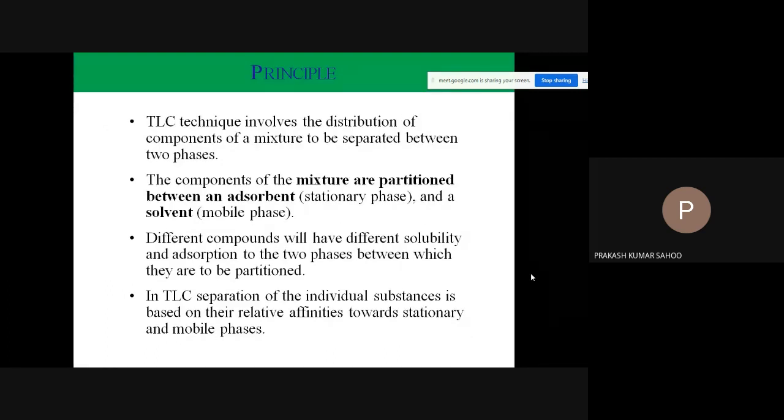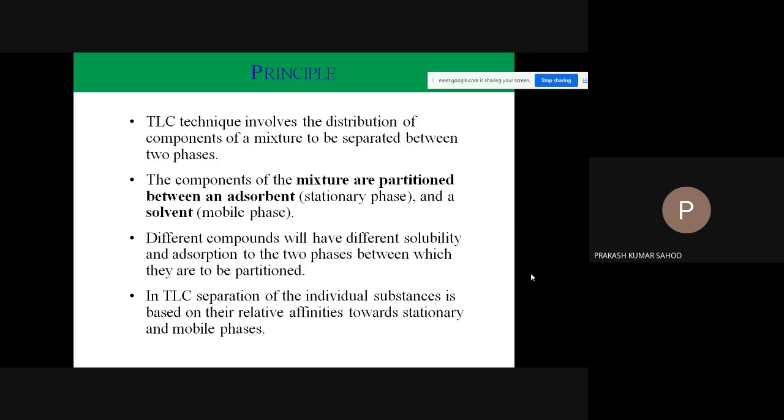So TLC is different from paper chromatography, where a flat surface of glass, metal, or plastic coated with an adsorbent such as silica gel, alumina, or any other material is used.